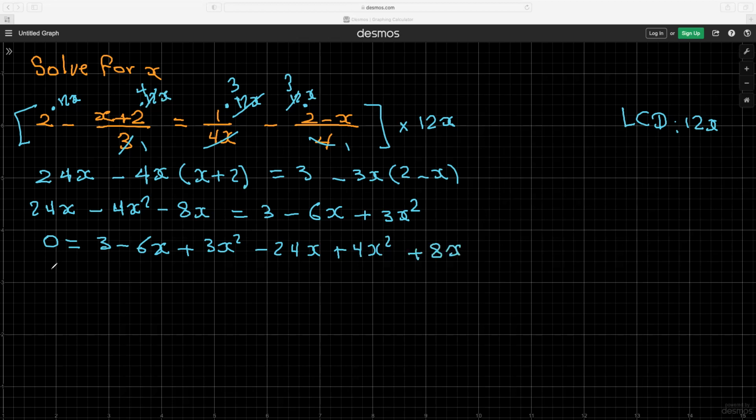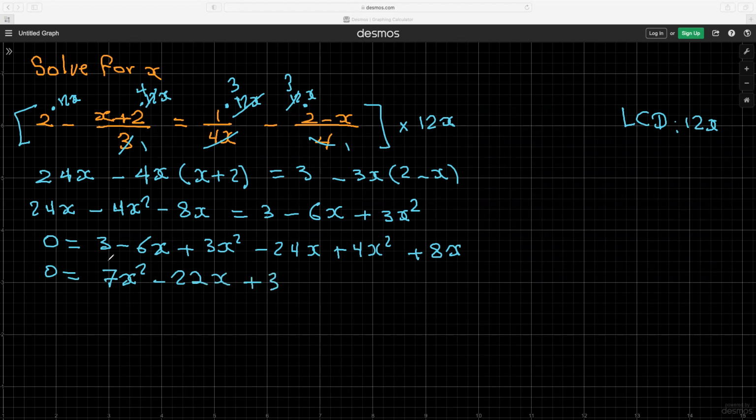Let's collect like terms: 0 equals 7x squared, and the x's are negative 30x plus 8x, which is minus 22x. And then the 3 by itself there, so plus 3.